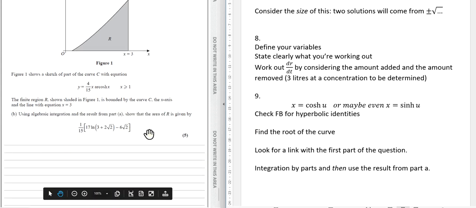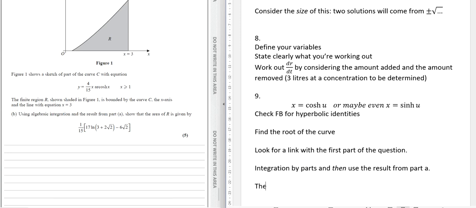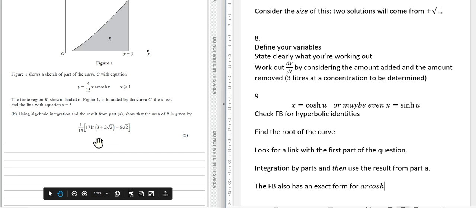And then the only thing you've got to be careful of is keeping your values precise. I believe the formula book also has an exact form for inverse cosh. So you'll be able to make use of that, something involving logs, to help you get an exact value in this if needed.